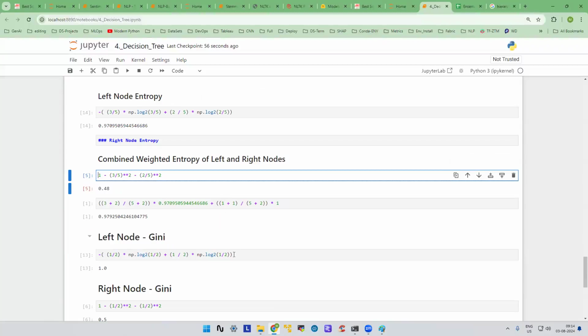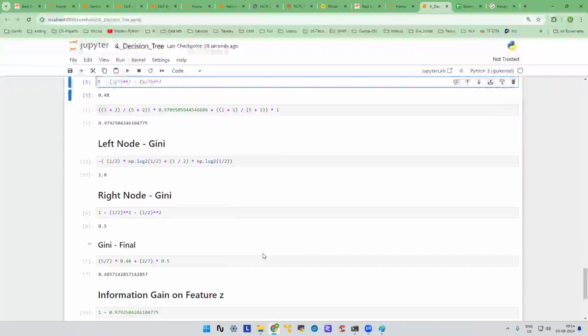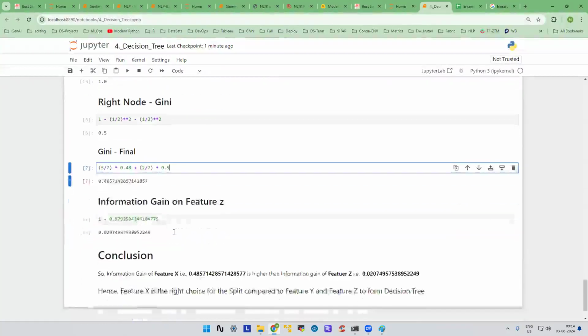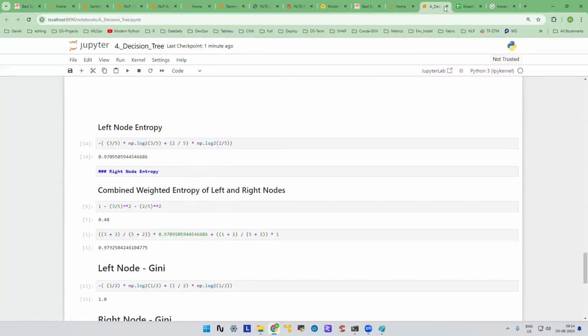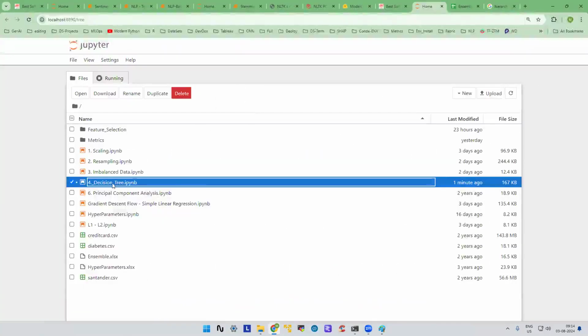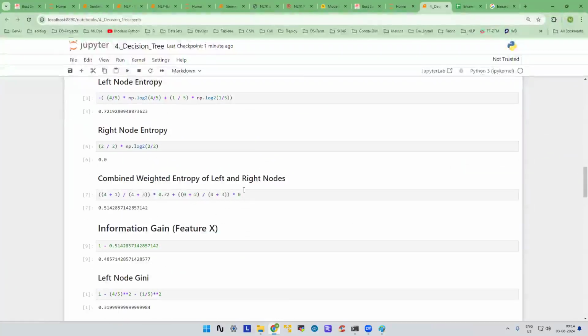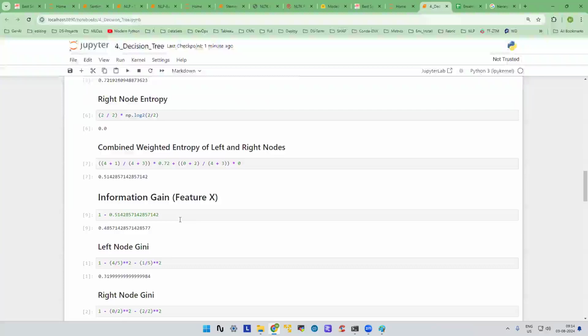I think I messed up this one. One second, let me sort this out. At the last, there was 1 by 2 something. The way I ordered it, it got messed up.